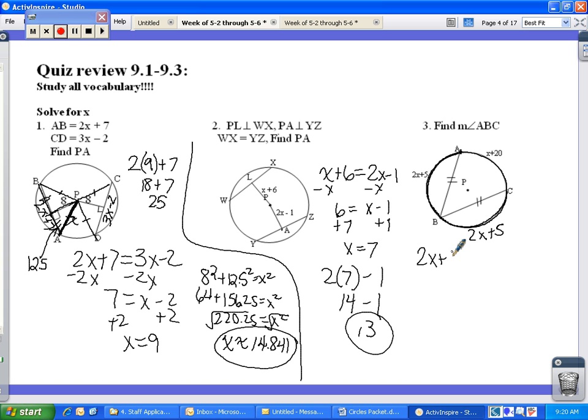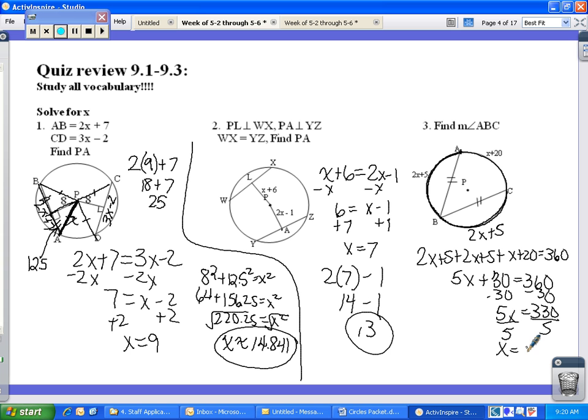So 2x plus 5 plus 2x plus 5 plus x plus 20 equals 360. Now I'm going to solve this, and I'm going to get that 5x plus 30 equals 360. Subtract 30 from both sides. 5x equals 330. Divide everything by 5, and x equals 66.